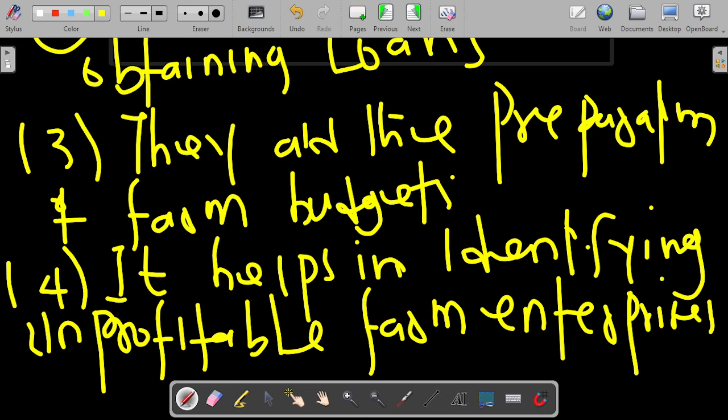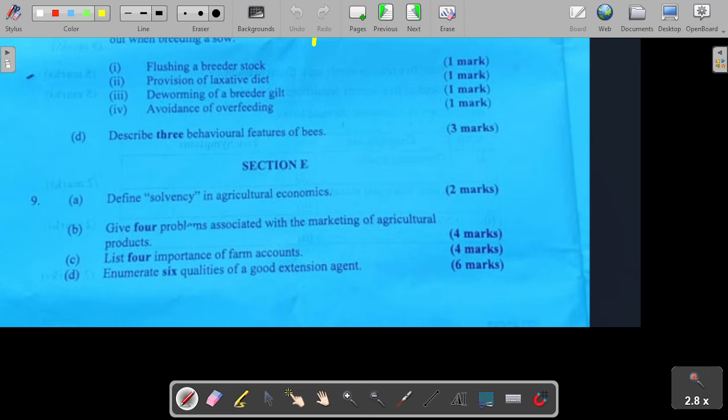Yes, that is that. Then 9D, enumerate qualities of extension agents.